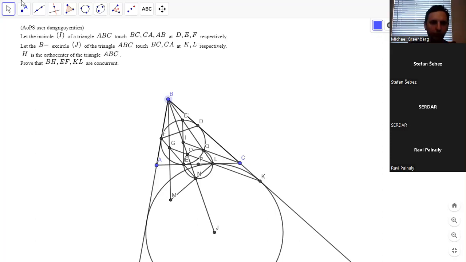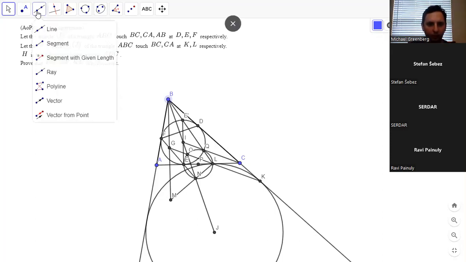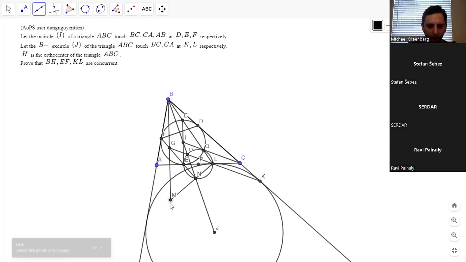And once we know that, then we wanted to show ME and D were collinear. So basically we could show ME and O are collinear and EO and D are collinear.